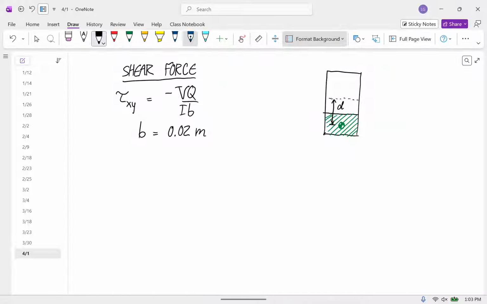Okay, so for the area, this height here is 0.01. So the area is 0.01 times 0.02. And so that is 2 times 10 to the minus 4 meters squared.